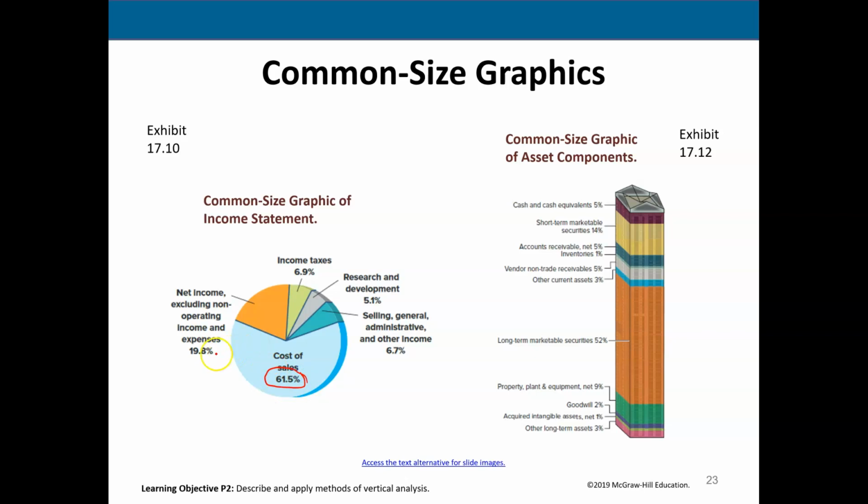And the next biggest is net income, which is 19.8%. So you can easily get quite a bit of information just from looking at these charts. And you can see the same thing for the stacked bar graph on the right hand side. Cash and cash equivalents is 5% of total assets. Property, plant, and equipment is 9% of total assets. And it's just another way to show the percentages.